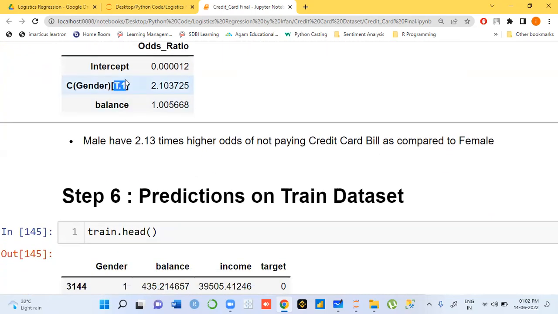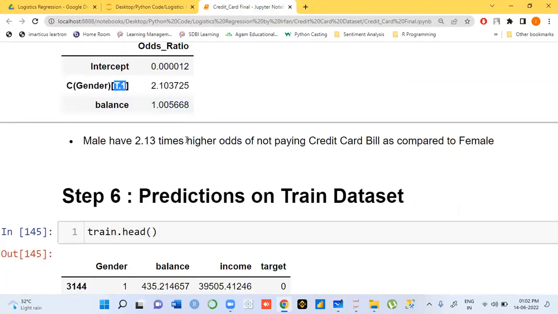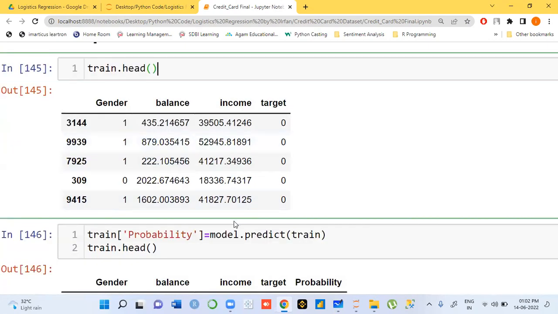I'll teach you how to get the coefficient of female. As I mentioned, female becomes 0. How to get the coefficient also? This is your train data. Do we have the annual prediction? No. What is the output format of the model? Can you read the equation, please?